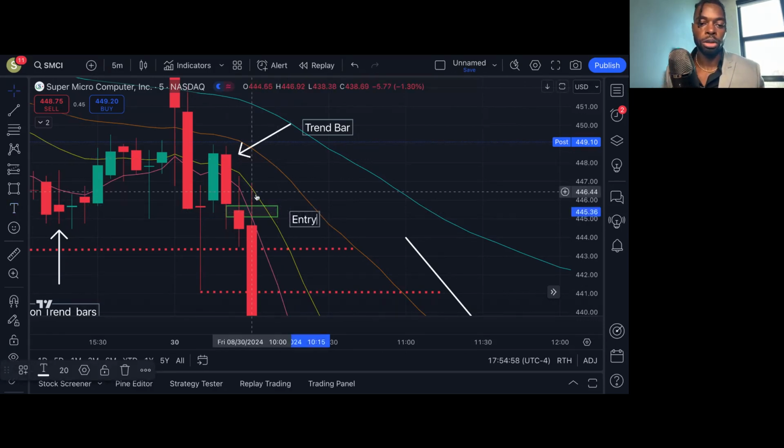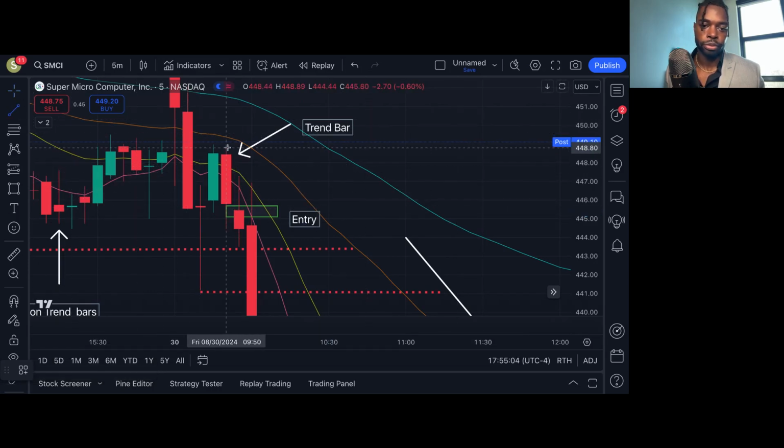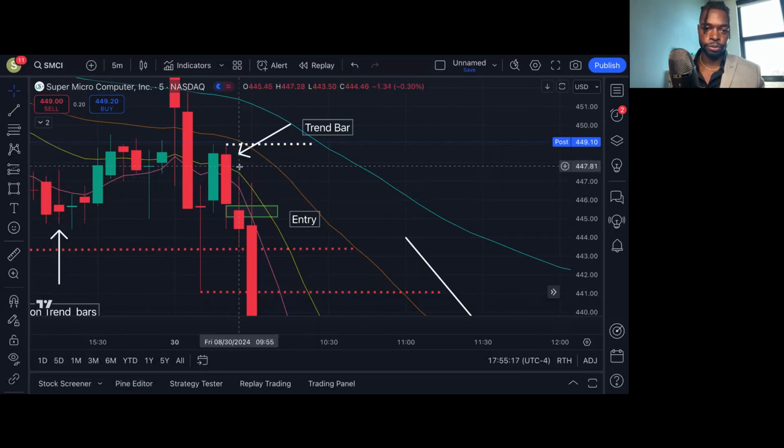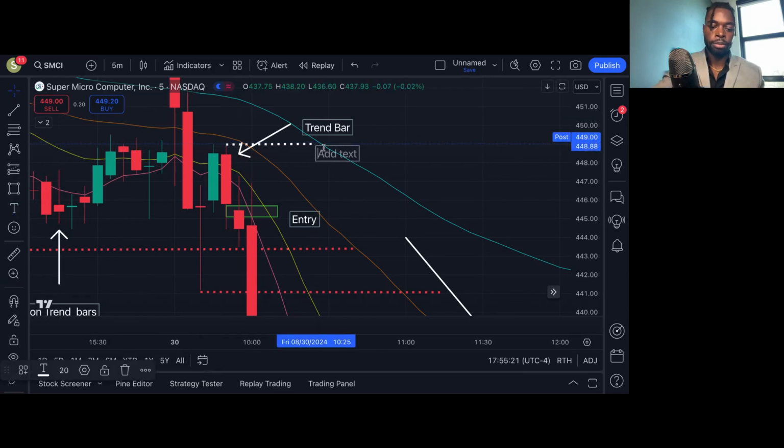If you enter one tick below the trend bar, the Wall Street exit is typically one tick above. I'm going to make this pretty bright so you can see it. That white line, one tick above that bar, that would be my stop.